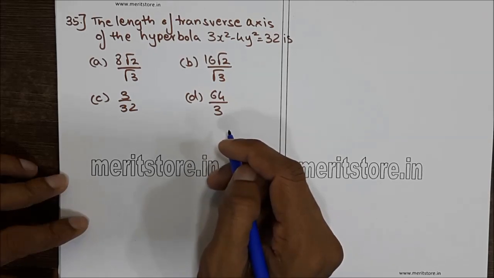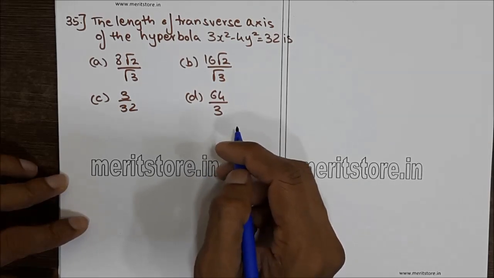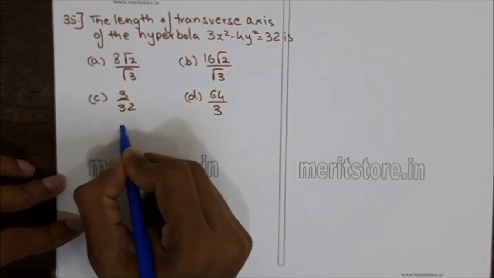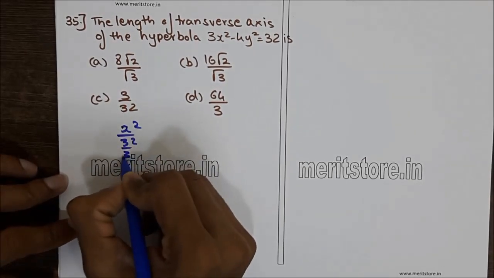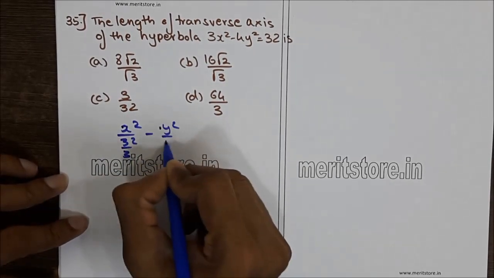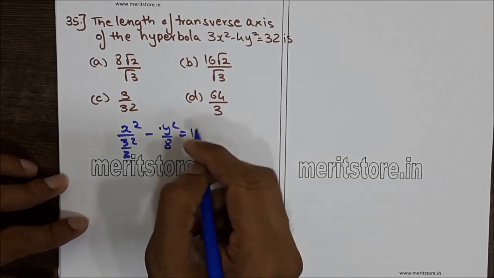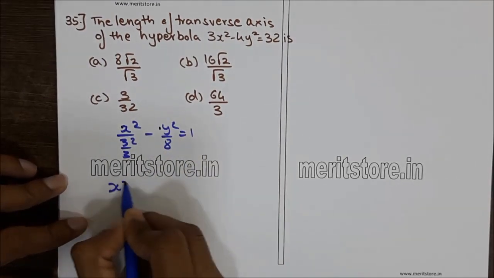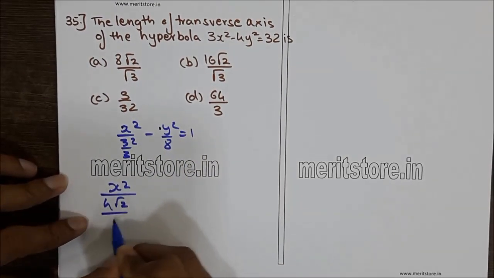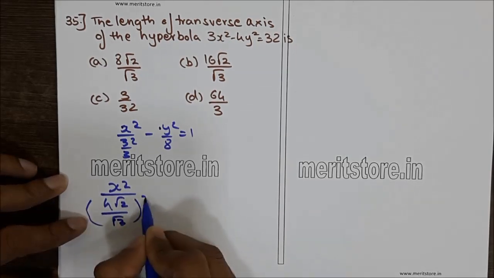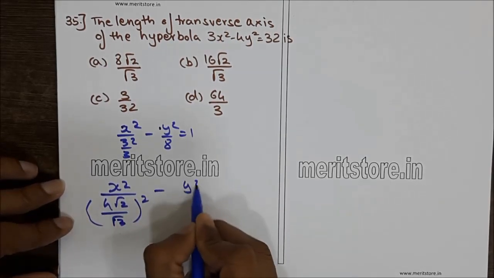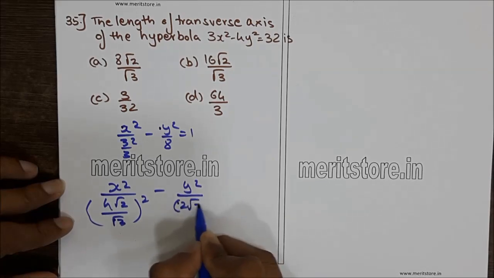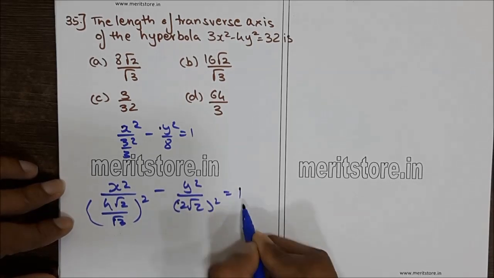So the given equation can be written as x square upon 32 by 3 minus y square by 8 equal to 1, or it can be written as x square upon 4 root 2 by root 3 the whole square minus y square upon 2 root 2 the whole square equal to 1.